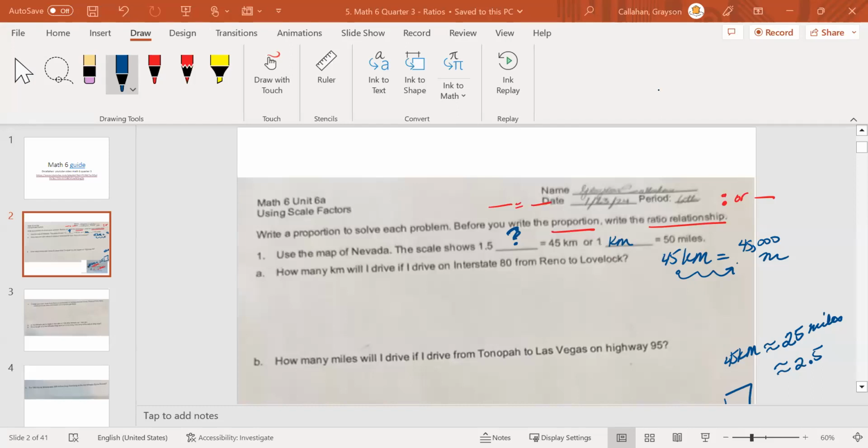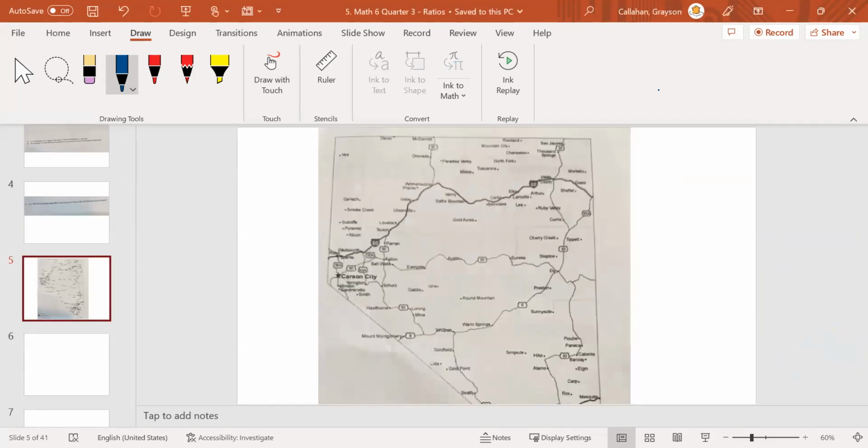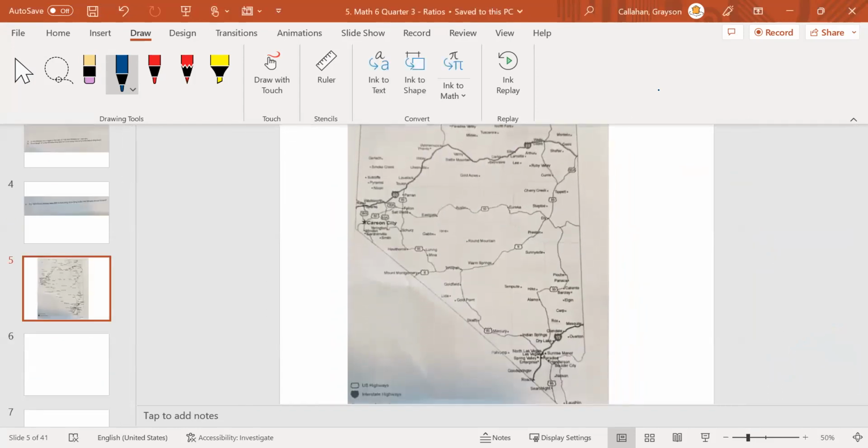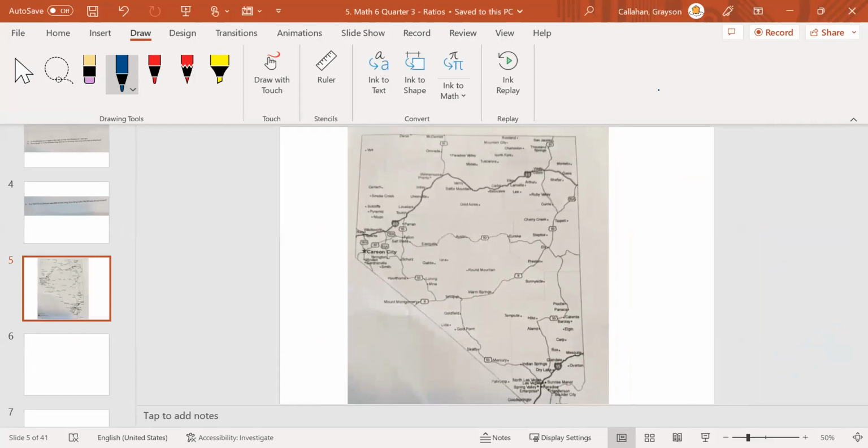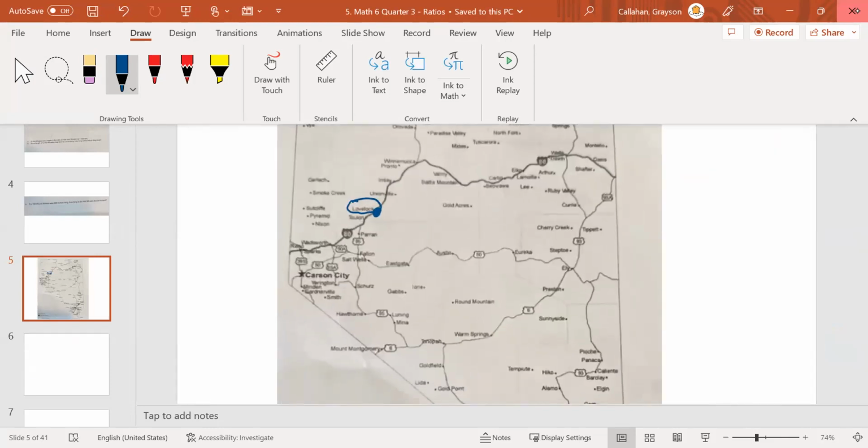So how many kilometers will I drive if I drive on Interstate 80 from Reno to Lovelock? So here is your map. From Lovelock to Reno. Do you see Reno here? I see Lovelock right here. Do you see Lovelock right there? Okay. So make sure you have that there. And then we need to find Reno.